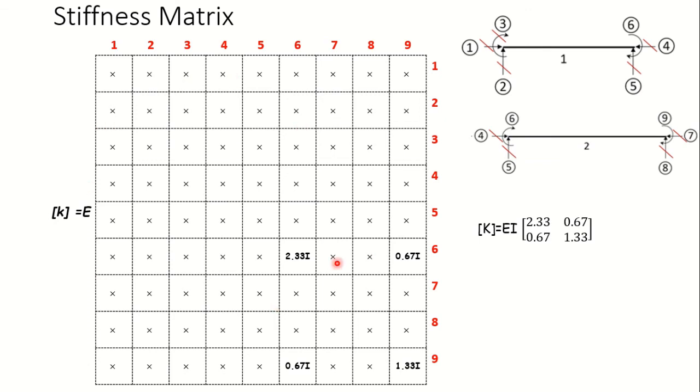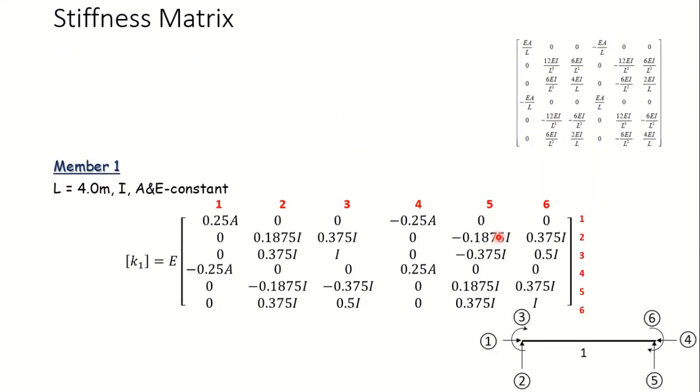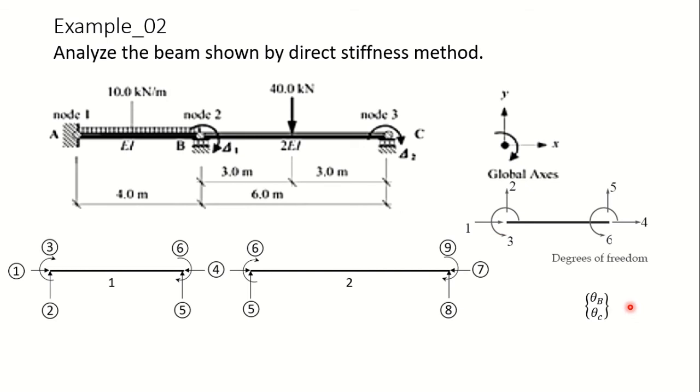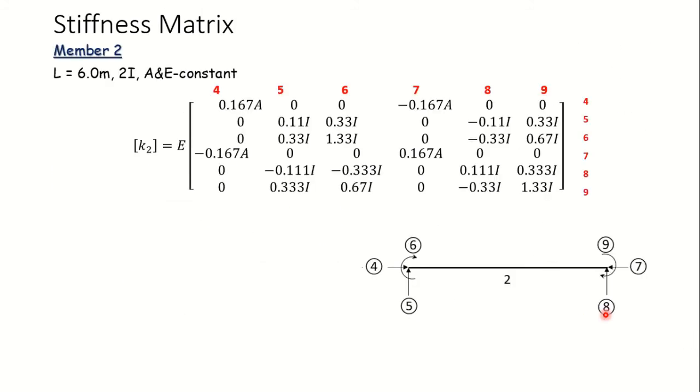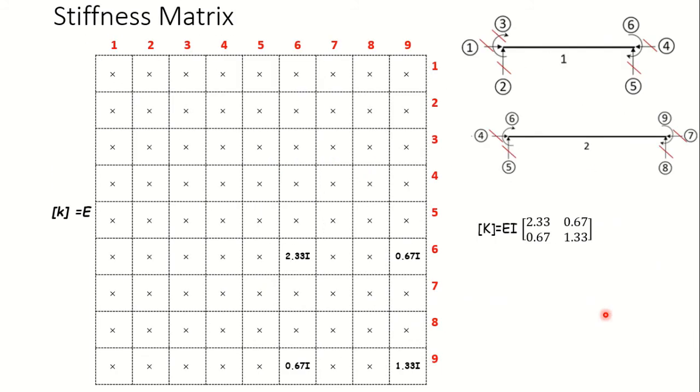So this entire 9 by 9 matrix just reduces to a matrix of 2 by 2, because the global degrees of freedom here are 2: rotation at B and rotation at C, theta B and theta C. Once we have assembled that, we eliminate those rows and columns where displacements have been arrested. So this finally has reduced to a matrix of 2 by 2.